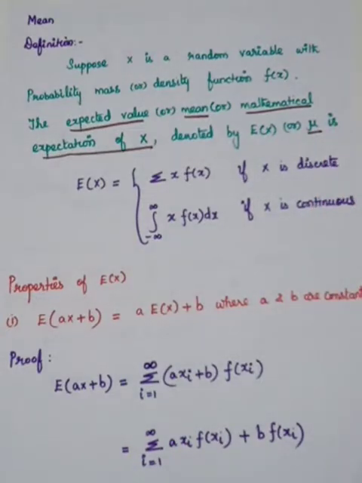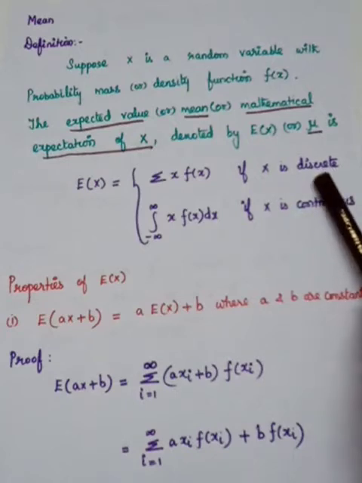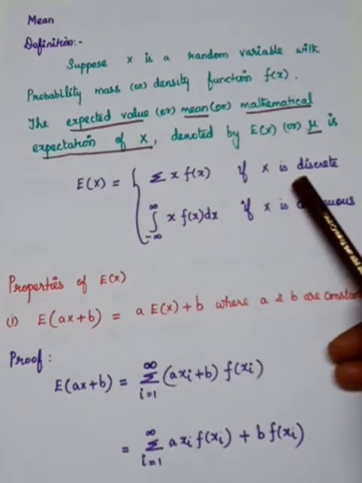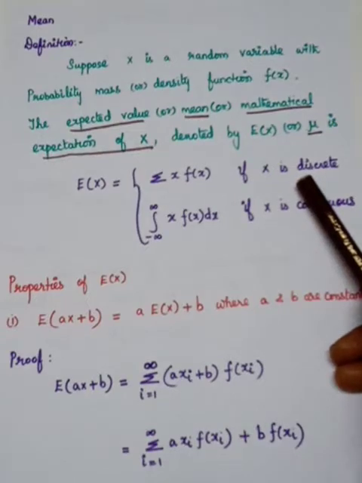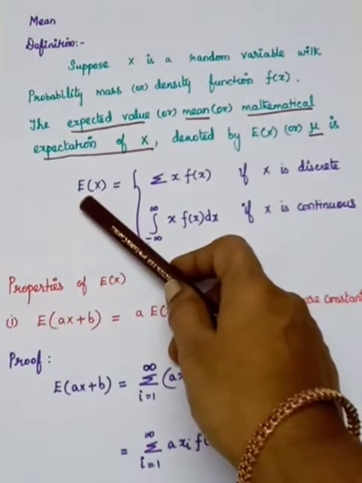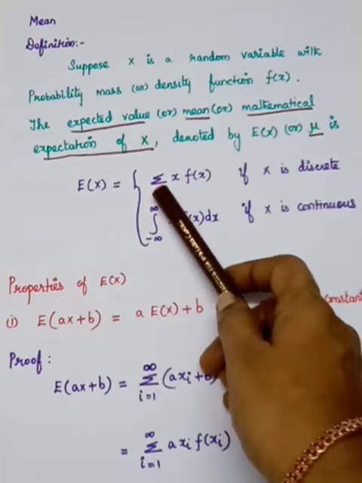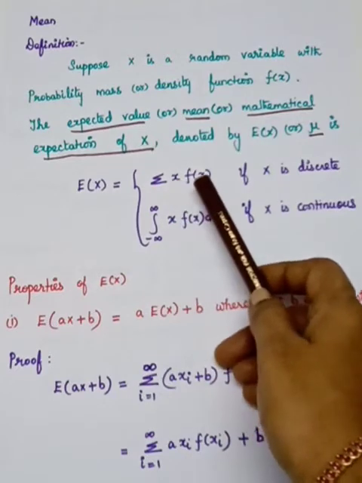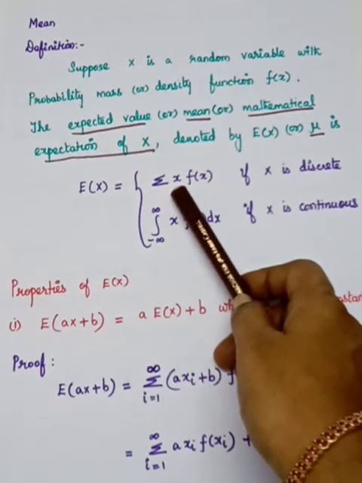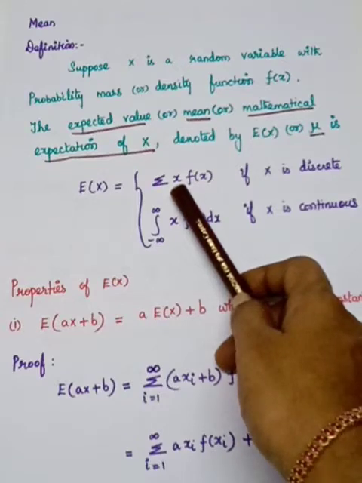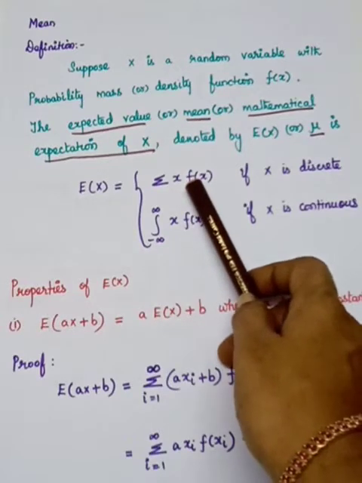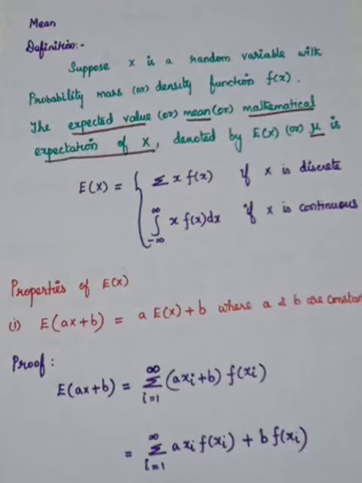Okay, if the random variable is a discrete random variable, that is, the values of the random variable are countable, we can count the values of the random variable. The E of x formula is summation of x into f of x, where x is the values of the random variable and f of x is the probability mass function.